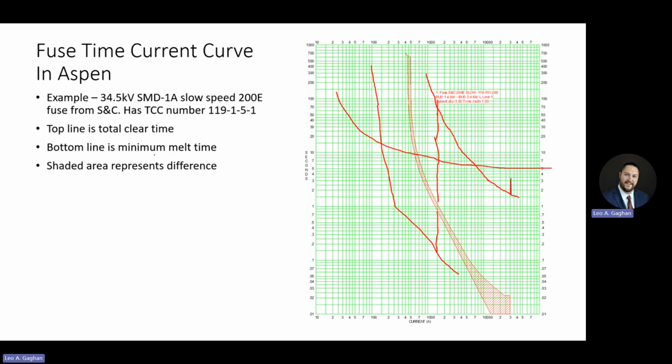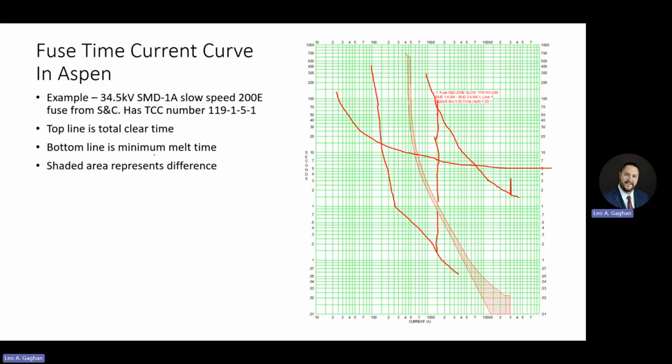Like on a relay, the curve shows you the relay operate time or decision-making time. But it may not include maybe the one cycle for the breaker, or the one cycle for the relay contact to close. Let's say you've got a 3 or 5 cycle breaker.